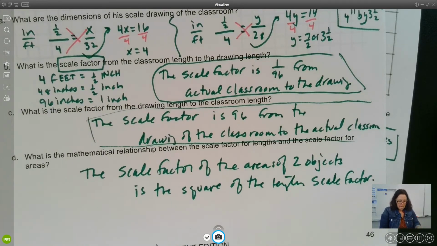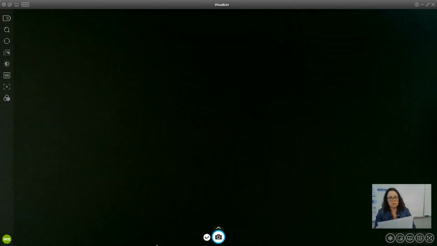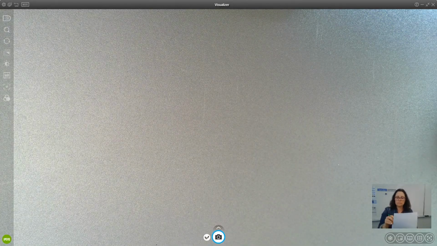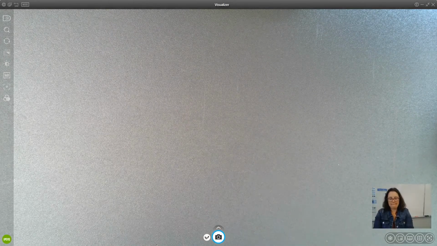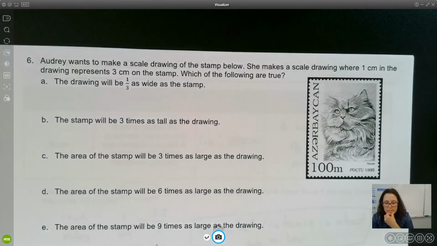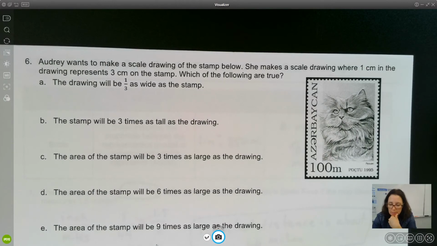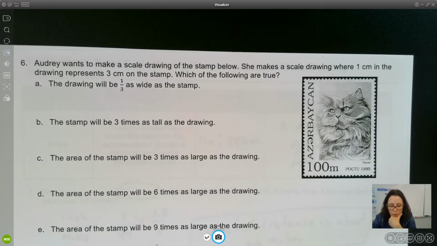All righty, last page. Couple of true false and a little drawing to do. Audrey wants to make a scale drawing of the stamp below. She makes a scale drawing where 1 centimeter in the drawing represents 3 centimeters on the stamp.